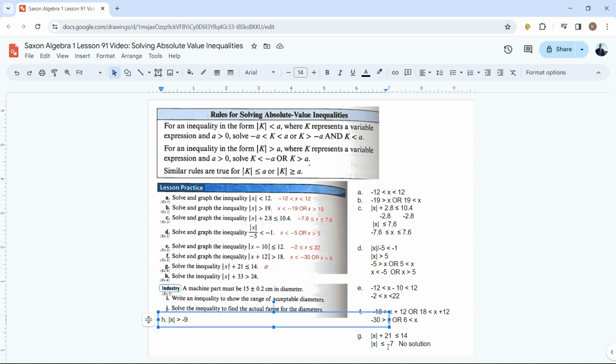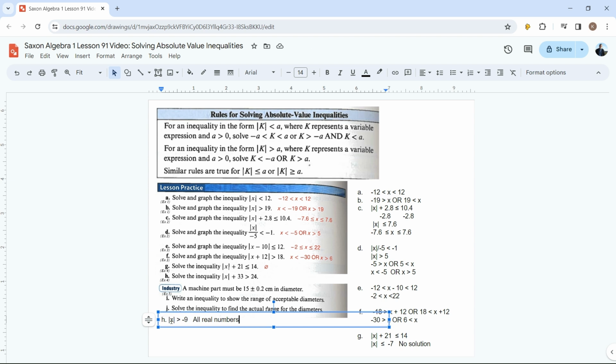Now let's think about this one for a second. The difference in these two is that the last one was the absolute value of x is less than a negative. I can't have an absolute value less than a negative number because absolute value can never be a negative number. So there's no solution for x that would make it less than negative 7. It's always going to be positive. This one, on the other hand, if I have an absolute value of a number greater than a negative, the answer is automatically going to be all real numbers, because every absolute value is going to be positive.